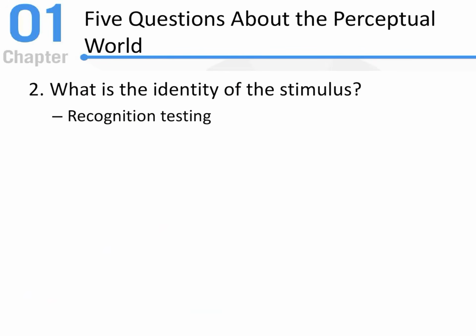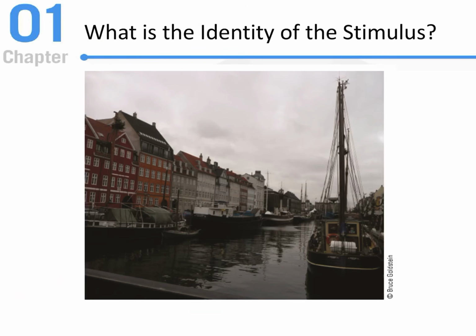Now, the second question that we have about the perceptual world is recognition testing. Okay? Now, how do we identify what it is that we're looking at? Okay? So, what do we see, for example, in this picture here? Okay?